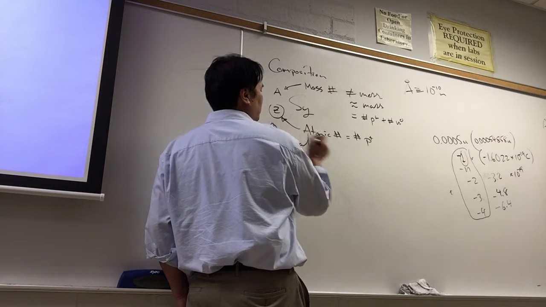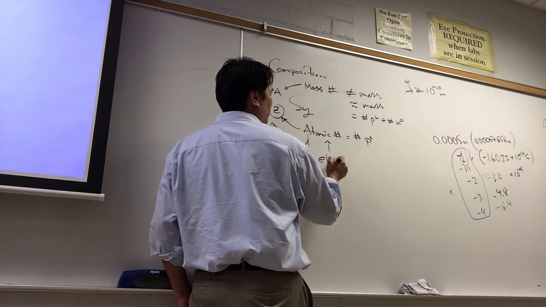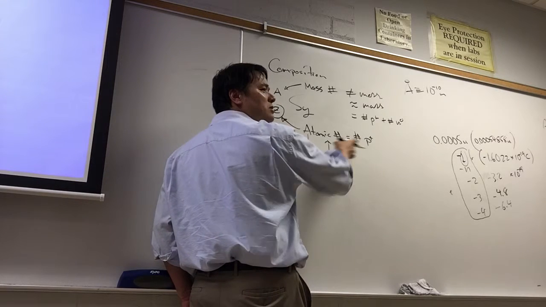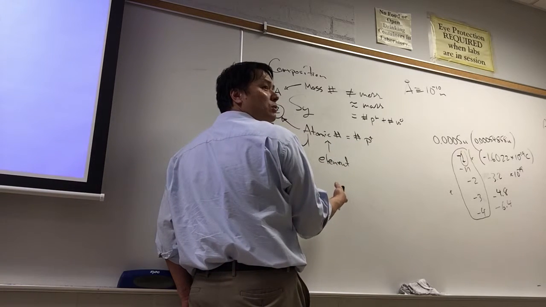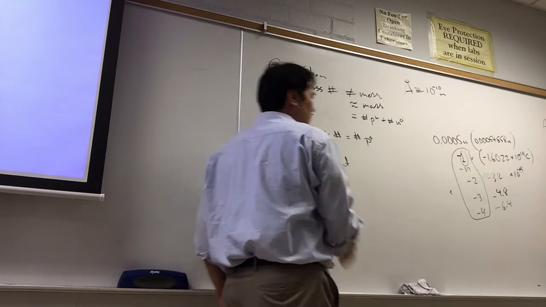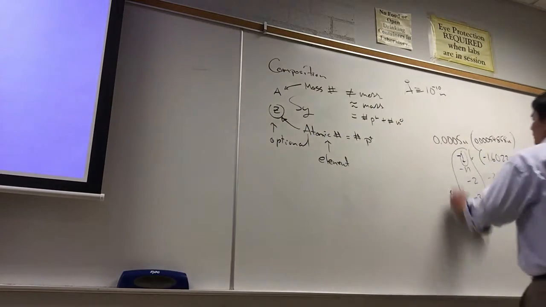So basically, the atomic number just tells us what element we're dealing with. Element number 9 has 9 protons. 9 protons is going to behave like this because we're interested in electrical interactions. And so Z is often not written.